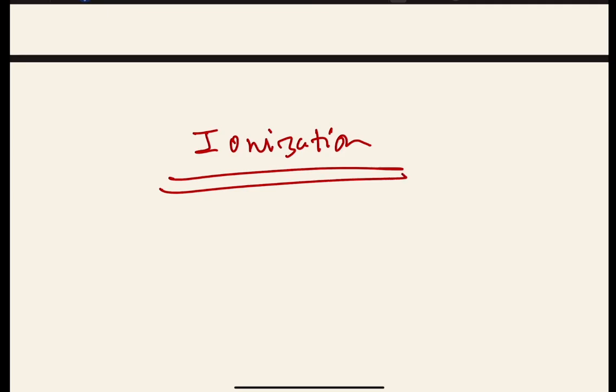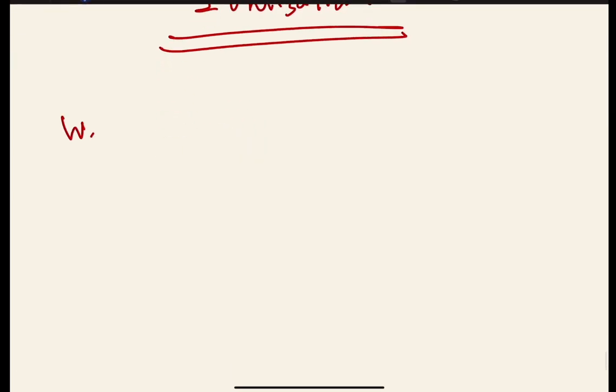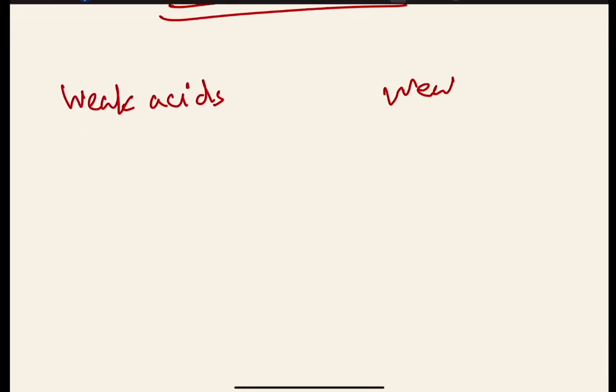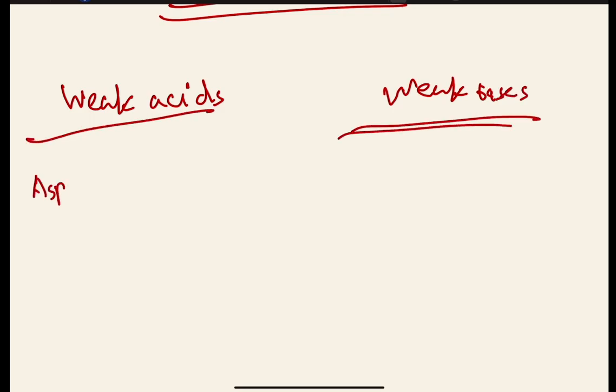The most important thing I'm going to talk about in this video is ionization of the drug. Most of the drugs we have are weak acids or weak bases. Like you can say that there is a weak acid called aspirin, then loop diuretics, then thiazide diuretics.